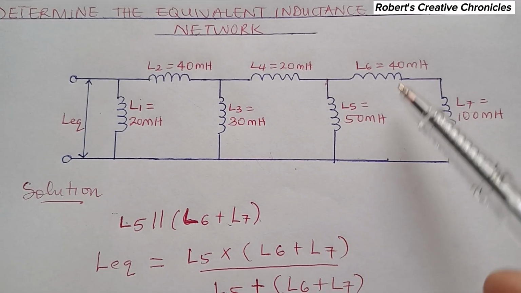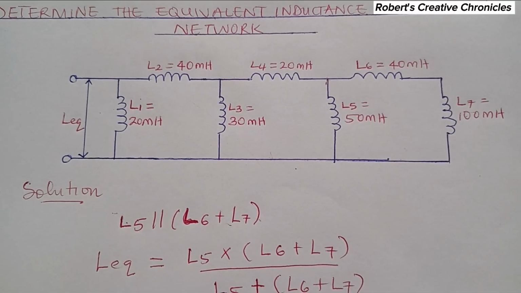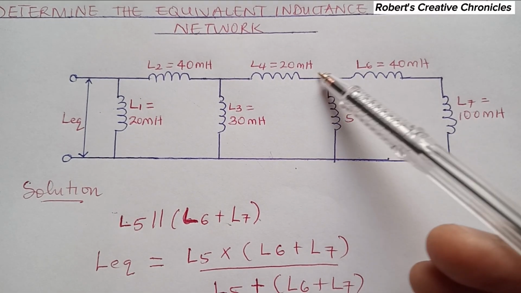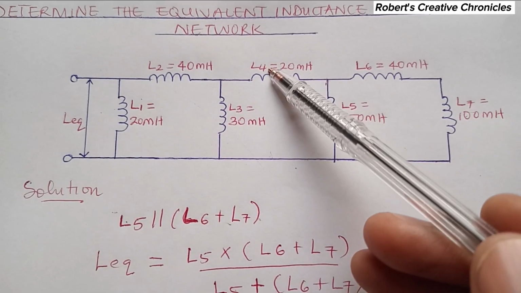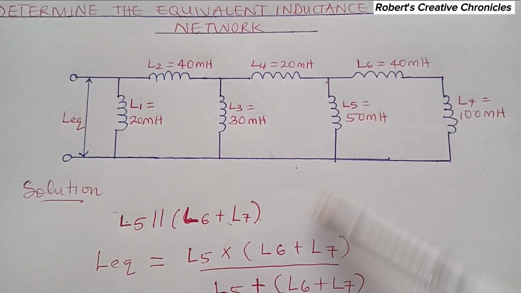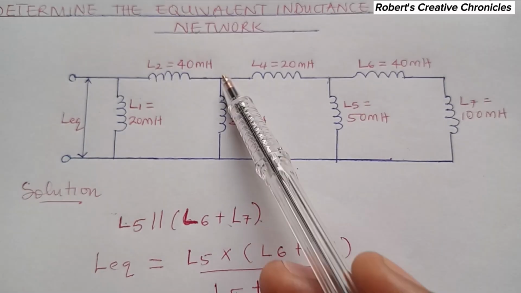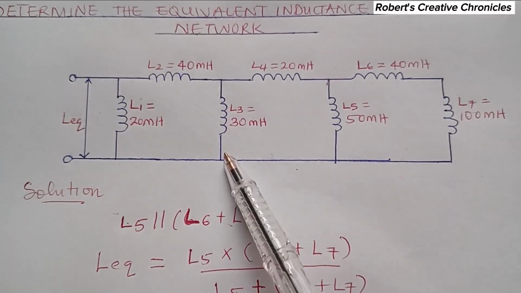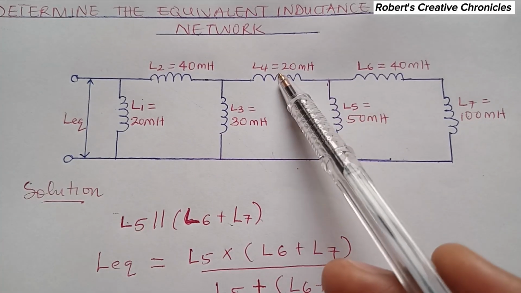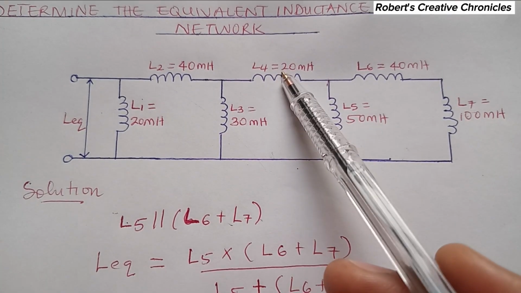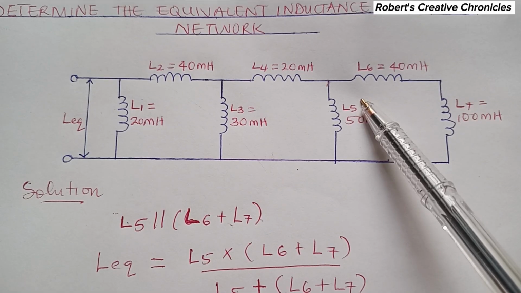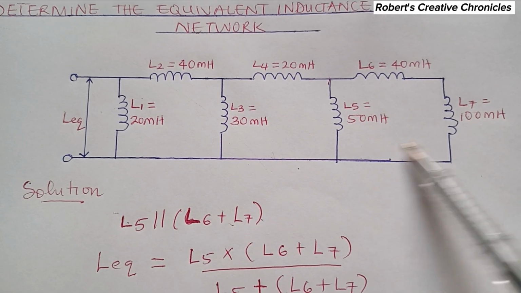Now, when you draw a diagram, this 36.8 millihenry will be connected in series to L4. So L4 and this 36.8 will be in series, and when the current comes to this point, it will split here. So this branch will be parallel to the sum of this and 36.8, like we did here.